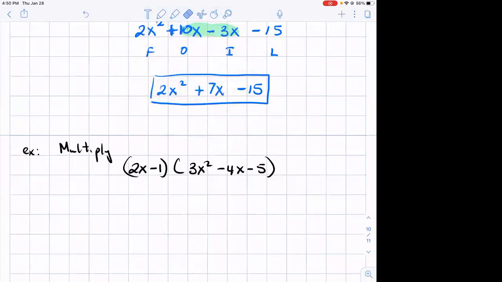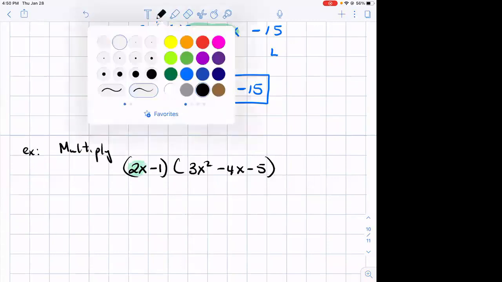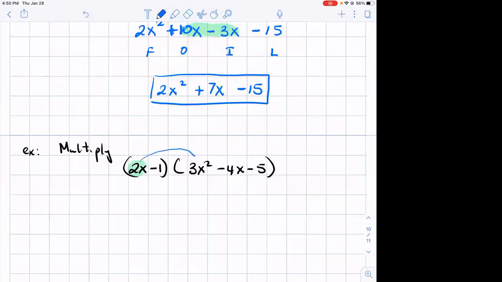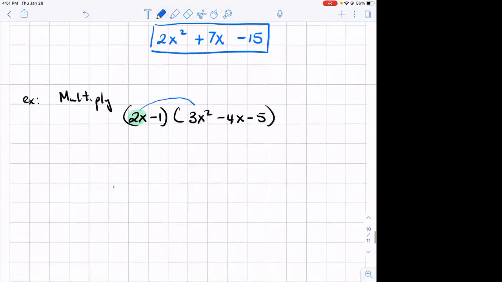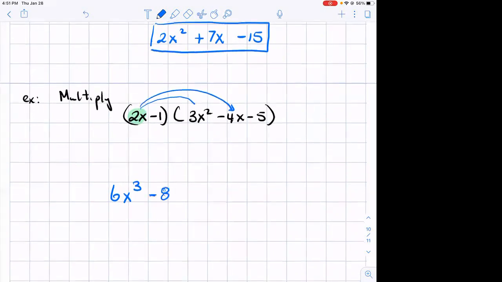What I said to you earlier, take the first term and distribute it to everything inside that second parentheses. So 2x times 3x squared becomes 6x cubed. Then we do this again. What is 2x times this? So 2x times minus 4 becomes minus 8x squared. And then we do it again. 2x times minus 5 becomes minus 10x.